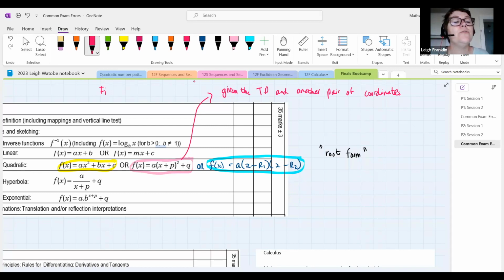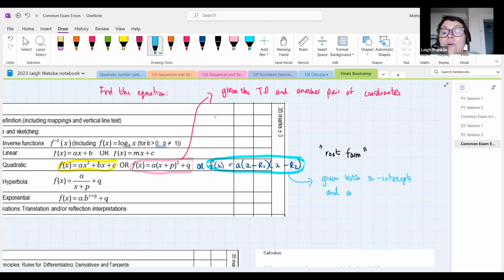So if you are trying to find the equation of a parabola, you would use this form over here if you were given both x-intercepts and one other point. Okay. Do you want me to do an example of what I'm talking about just very quickly?